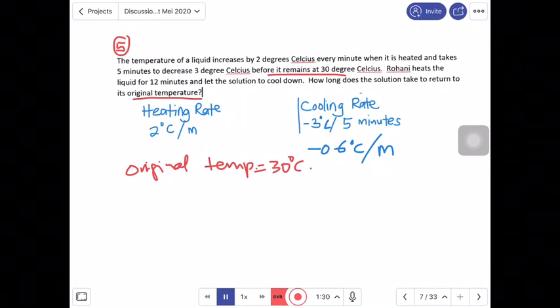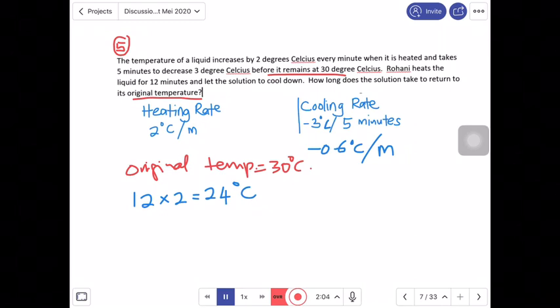After being heated for 12 minutes, what is the temperature? We know that every minute the temperature will go up by 2, so you just multiply 12 minutes multiply 2 degrees Celsius, you get 24. So 24 degrees Celsius increase after being heated for 12 minutes.